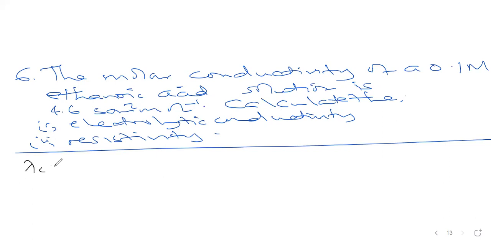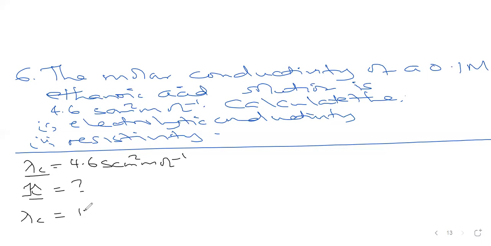So we are given the molar conductivity as 4.6 siemens centimeters squared per mole. And they want us to get the electrolytic conductivity kappa. We know the relationship between the two.